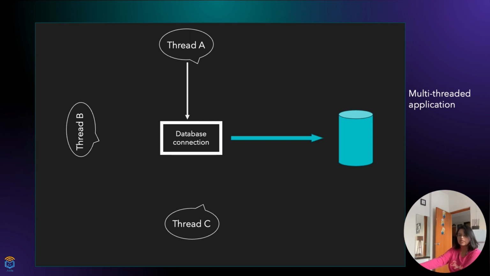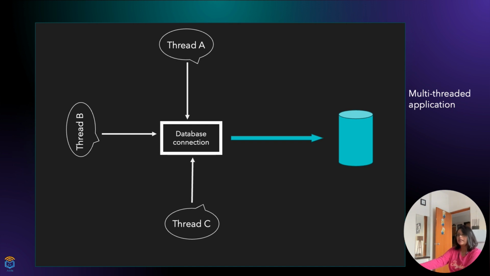Now we already have one object created, right? So thread B will use that existing object to connect to the database, and if thread C wants to connect, it will use the same object again. So this is the singleton object concept, right? We are creating one object which is shared by multiple users. In this case, users are threads.